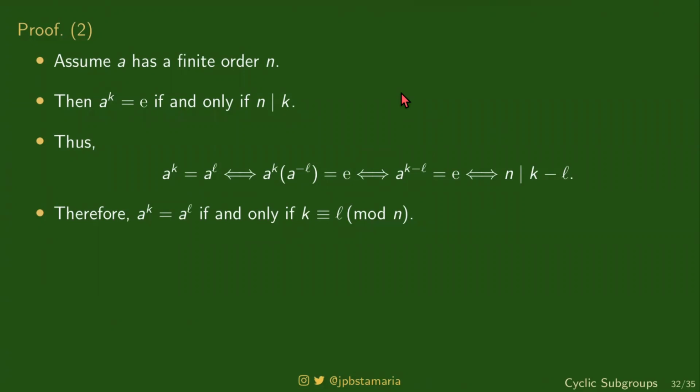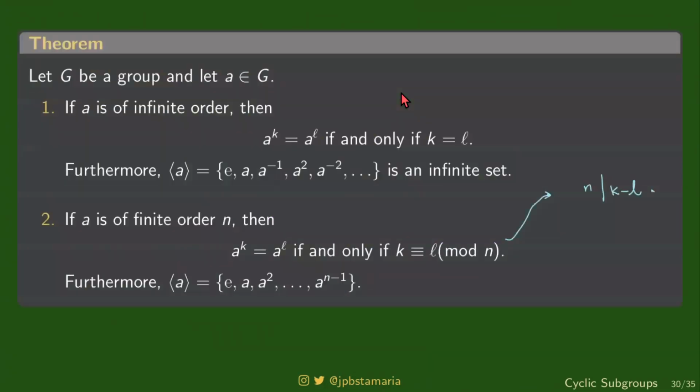So ang tanong natin, ano naman ang subgroup generated by a? It turns out that, ano bang sabi sa theorem? Let's recall the theorem. Ano ba ang laman ng subgroup generated by a? Ang laman ng subgroup generated by a, kung si a ay may finite order n, is a set of order n.